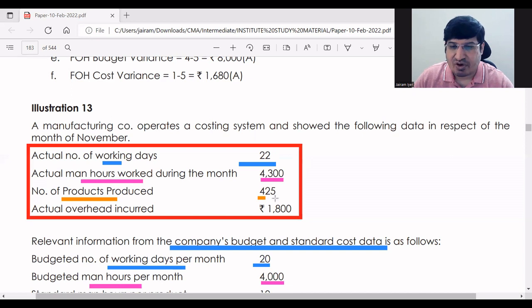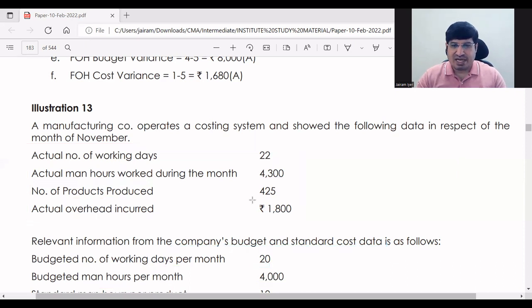So 425 products have been produced, okay, and actual overhead incurred is 1,800, okay. Okay, so the actual hours into actual quantity that has been given directly, okay. So this will go directly into the last column.